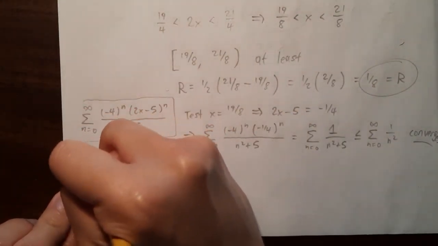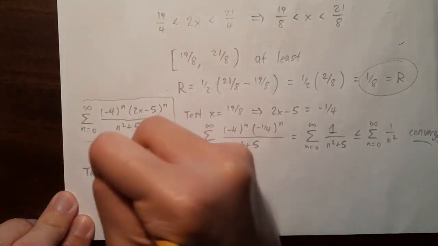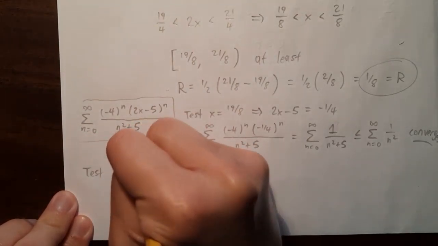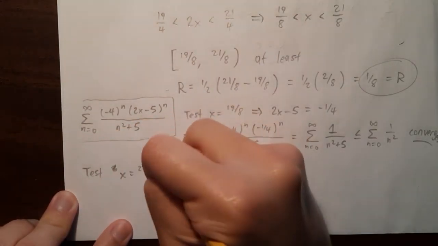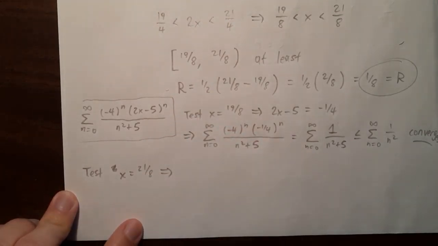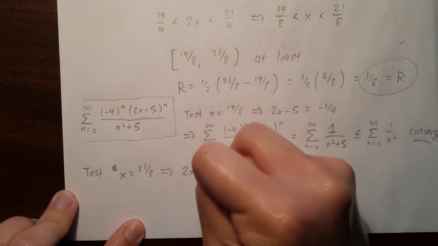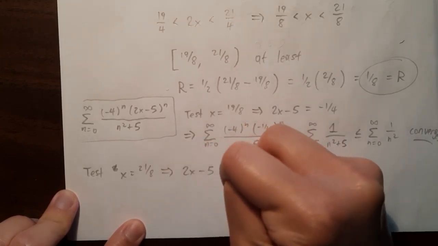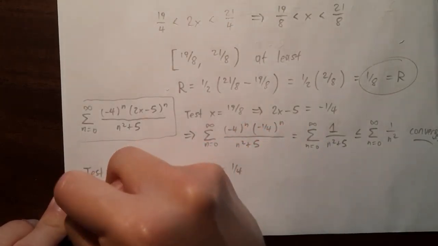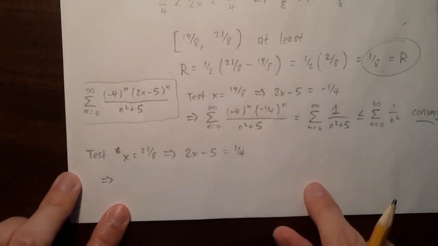All right, so next up, we'll test plugging in 21/8. So if I plug in 21/8, what do I get? Well, 2x minus 5 is going to become a positive 1/4 in this case. And so what does that mean for my series?